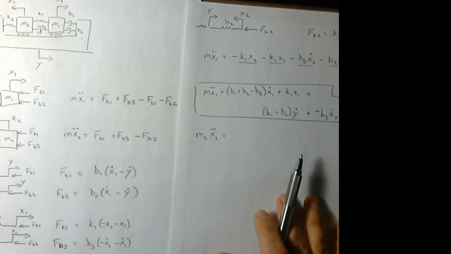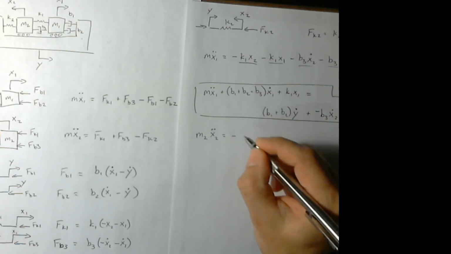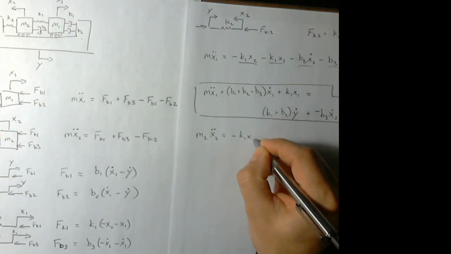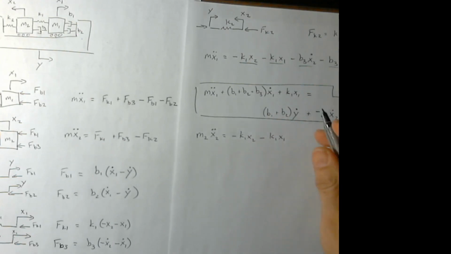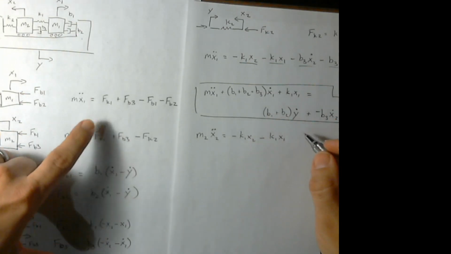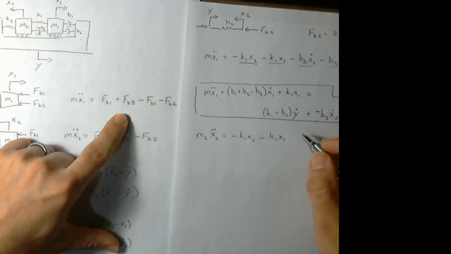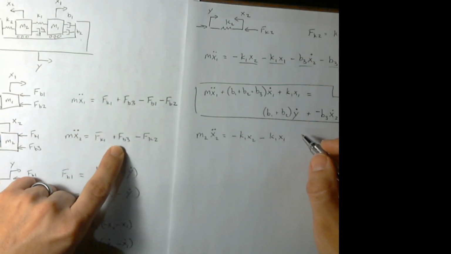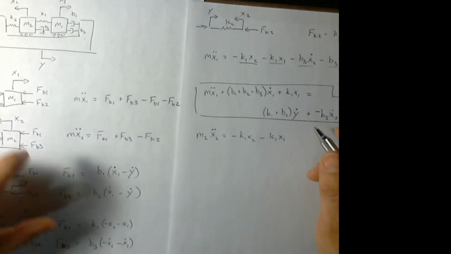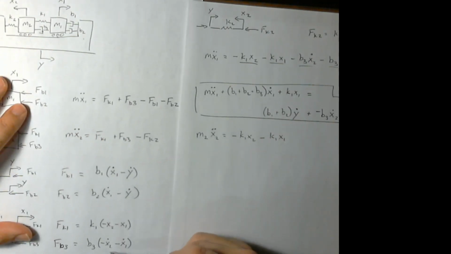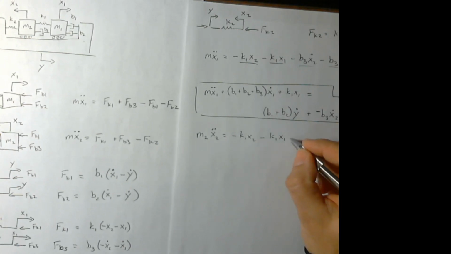Everything's negative, so we'll have negative K1 x2, negative K1 x1. Good. Then we need B3, that's right here, way at the bottom. So everything's still negative.